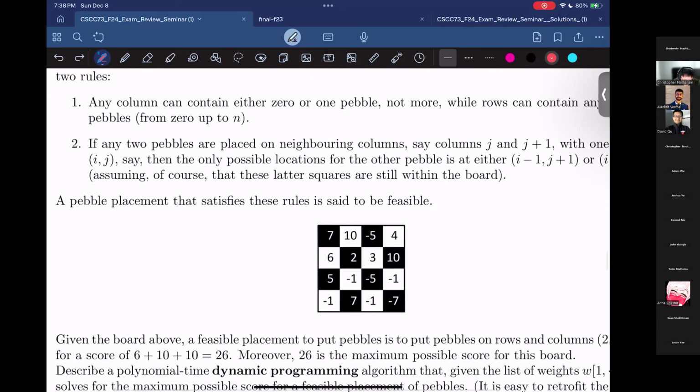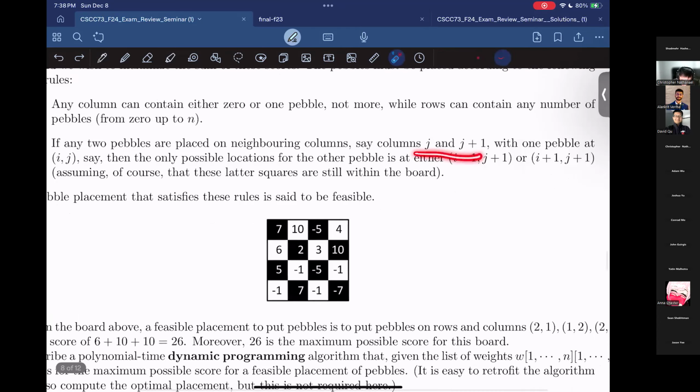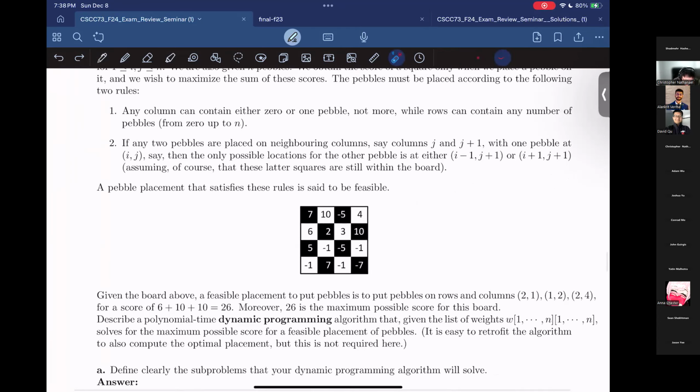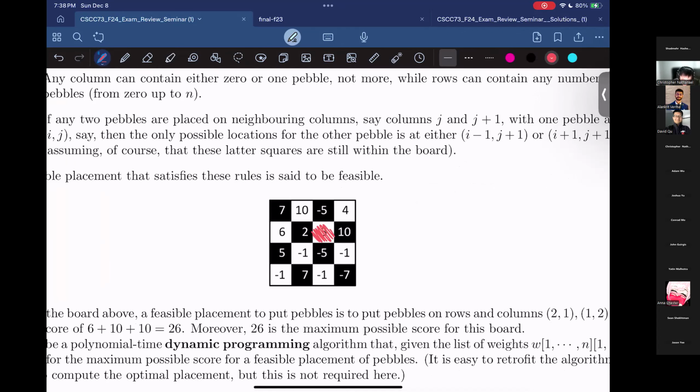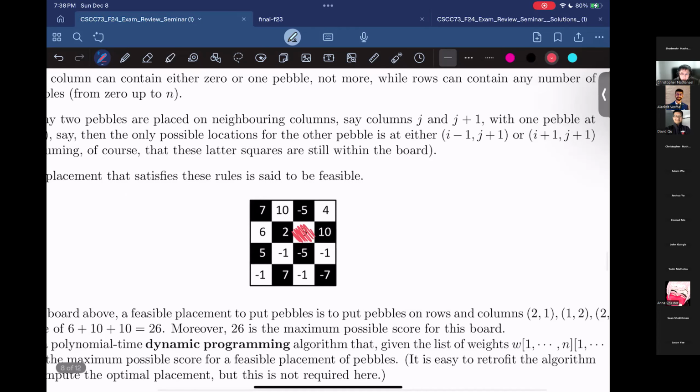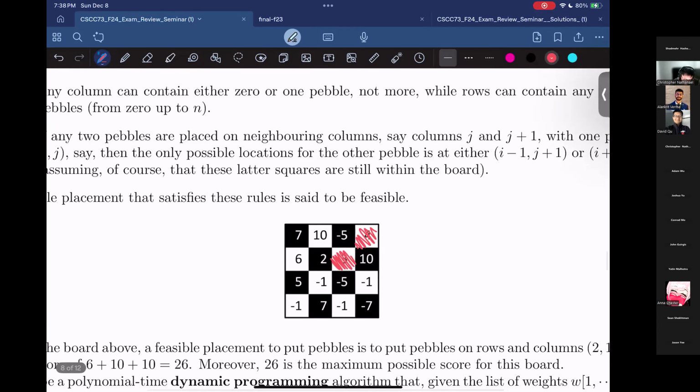And if any 2 pebbles are placed on neighboring columns, say columns j and j plus 1, with 1 pebble at ij, so let's say there is 1 pebble over here at ij, then the only possible locations for the pebble in the column to the right of it is either at i minus 1 or at i plus 1.